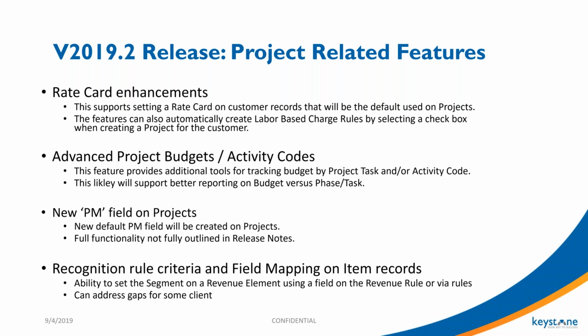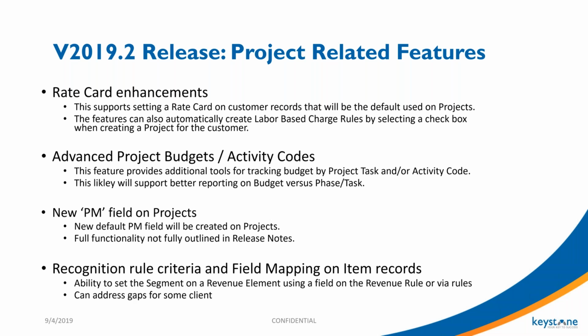So first, the activity codes will be related to project tasks, and you'll also be able to pull the activity code into your advanced projects budgets, which I know clients have asked for in the past. They want a budget by phase or by task within NetSuite, which at times was difficult to do if they weren't using project tasks.